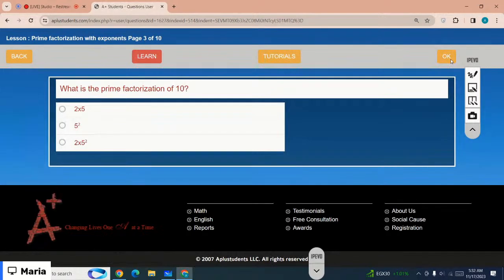Okay, what is the prime factorization of 10? Which is the correct option? You can just write down the option like option 1, 2, 3.